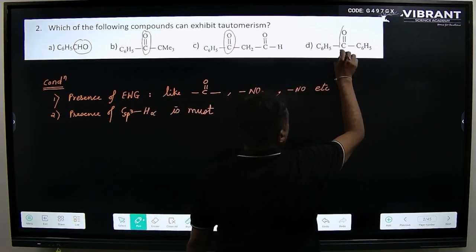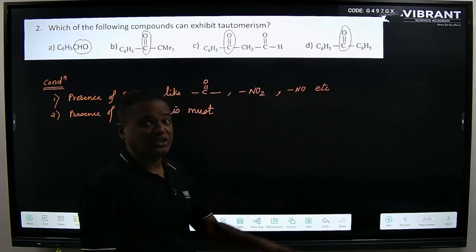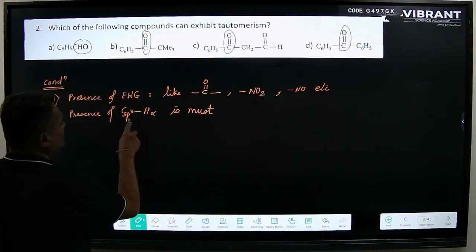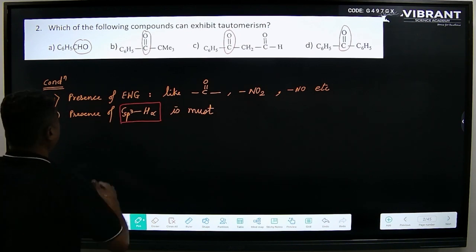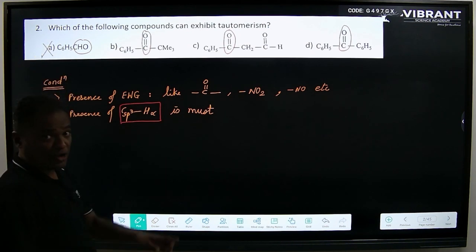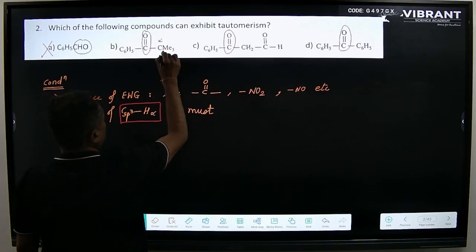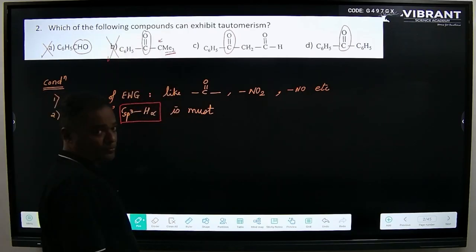In all these examples condition 1 is matching, so condition 1 cannot decide. Let us see condition number 2, which is nothing but the presence of alpha H. In this case, we do not have alpha H. That means this compound will not show tautomerism. In this example also, we have an alpha carbon, but we do not have alpha hydrogen. That means even in this case tautomerism is not possible.